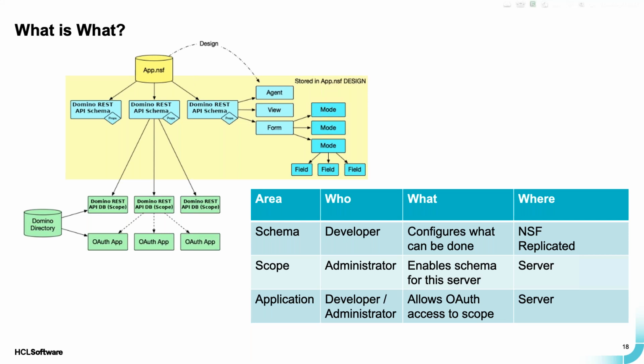And then the third area that we have is applications, and that's used to create OAuth apps, which will then allow code to run on behalf of the user to access a particular scope. And the applications can be restricted down to specific scopes.